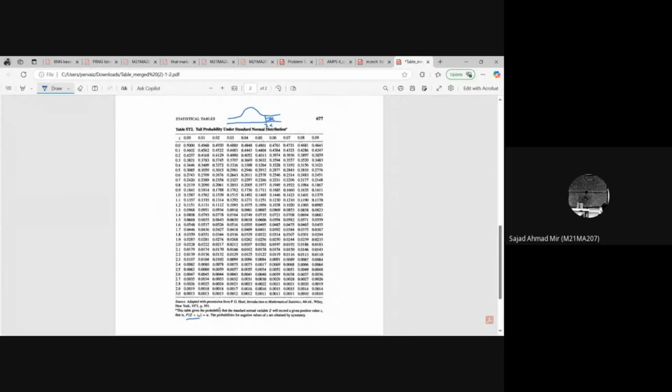This table is giving you alpha, but our point is having alpha by 2 here, alpha by 2 here. So what will be the value coming out from this table? We have to calculate z.